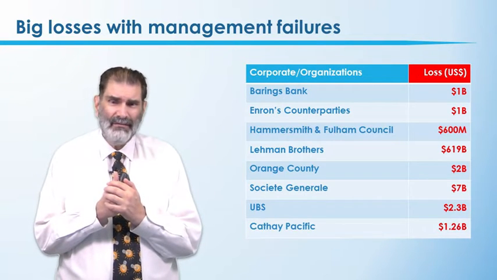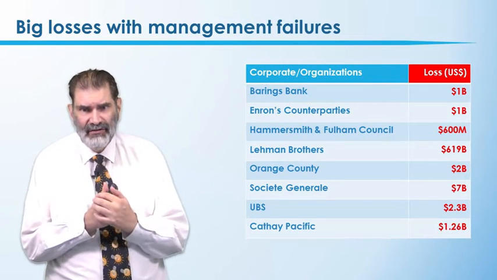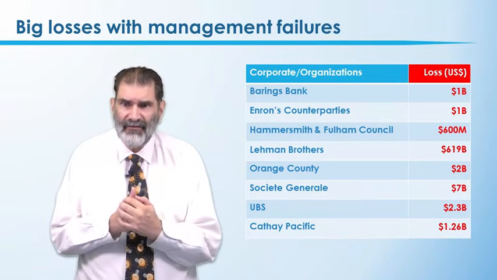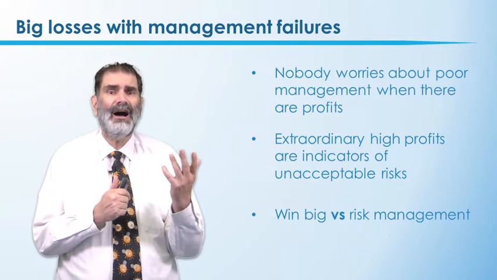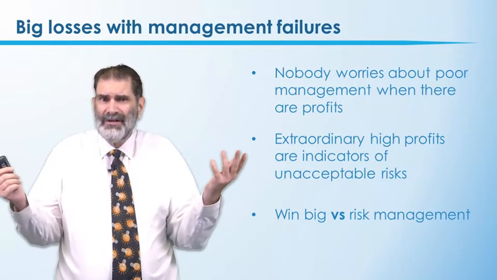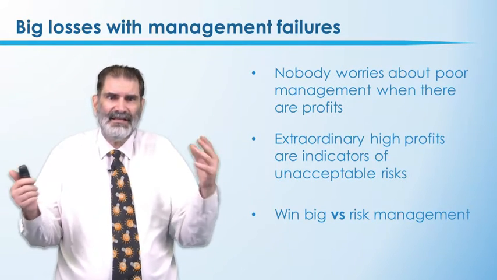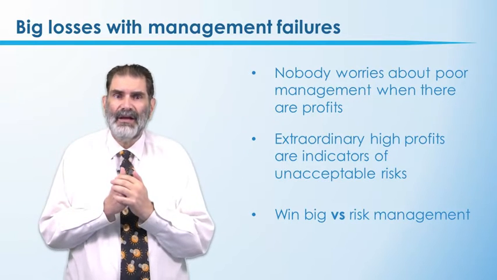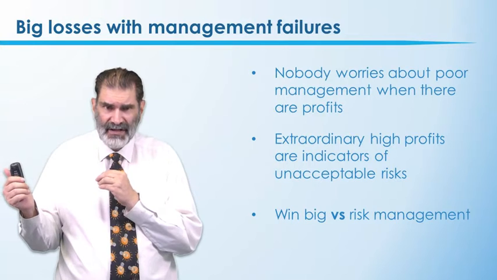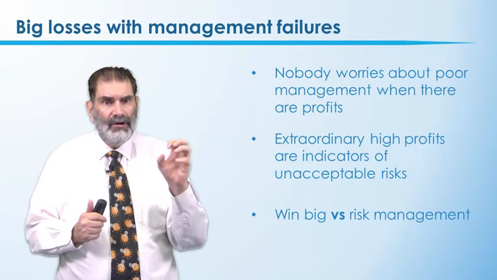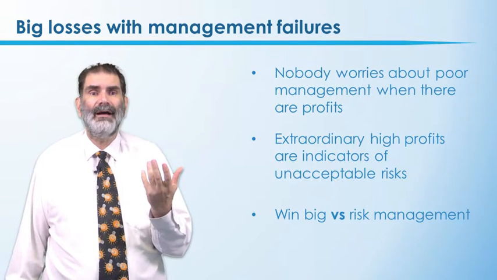And part of the problem is that with J.P. Morgan, with Orange County, with Hammersmith and Fulham, or Enron or Barings, as long as things are going fine, nobody worries too much about poor management or weak management control systems. And you say, it's okay, we're making money. It's only when a problem happens that you come in and say, you have exceeded our management guidelines, you've gone outside our risk parameters.